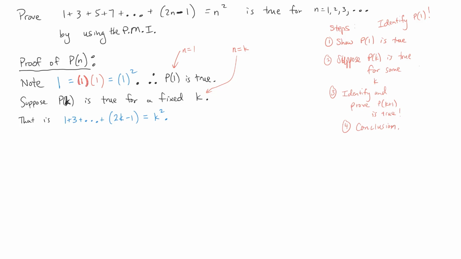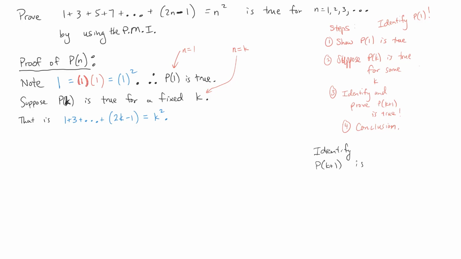You have to be able to identify P of k plus 1. So if you need to, identify it off to the side. Identify the statement P of k plus 1.